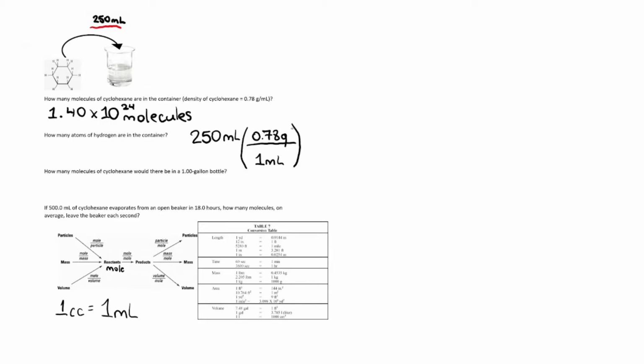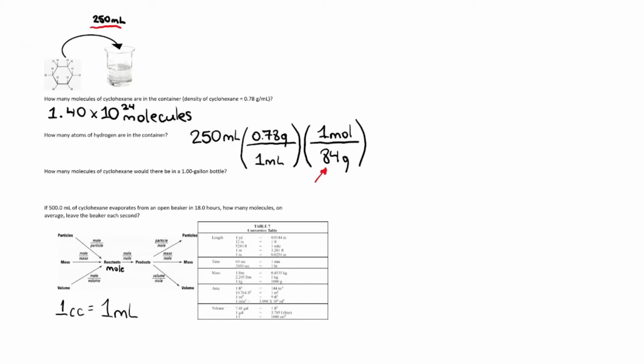We're using the density. And now that we're in grams, we can go to moles. So for every 84 grams, we get 1 mole of cyclohexane. And a little side note, the way I got 84 grams, that's the molar mass of cyclohexane.